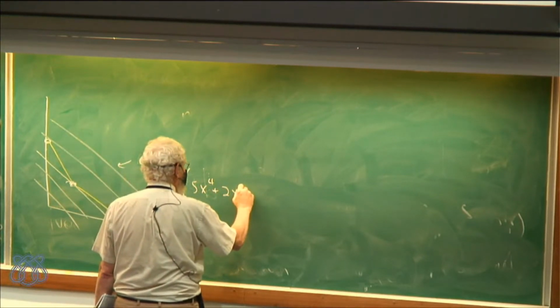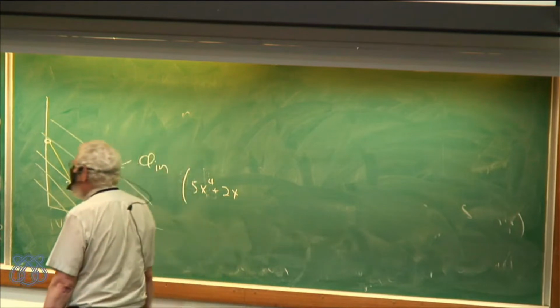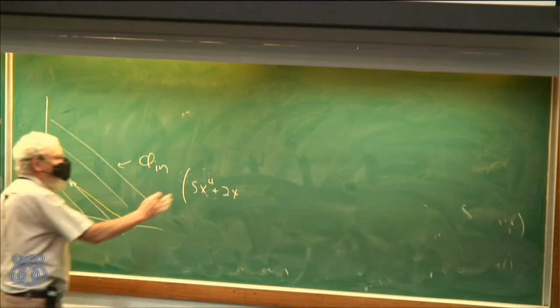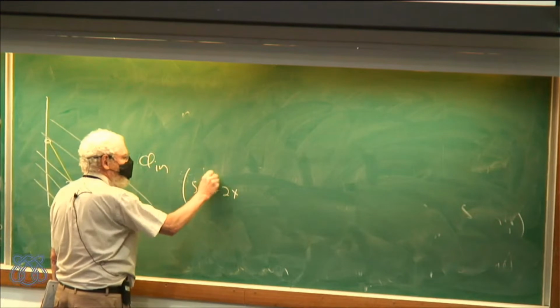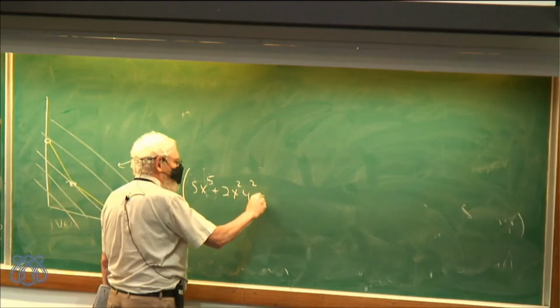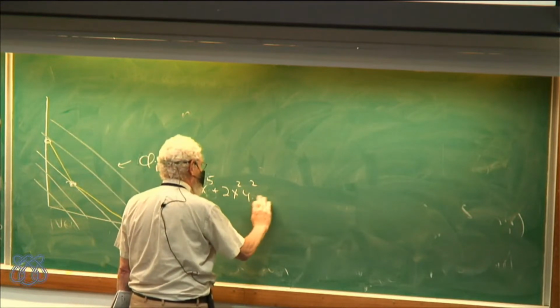And actually, we're going to do things a little bit differently here. Instead of using JF, I think I misspoke there. In this game, what we're actually using is z_i times the partial of F with respect to z_i. So here, if we look at this thing I just wrote down, that's 5x to the fourth plus 2x squared y squared, and that's it.